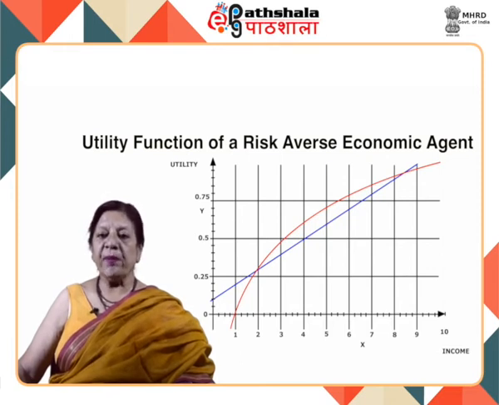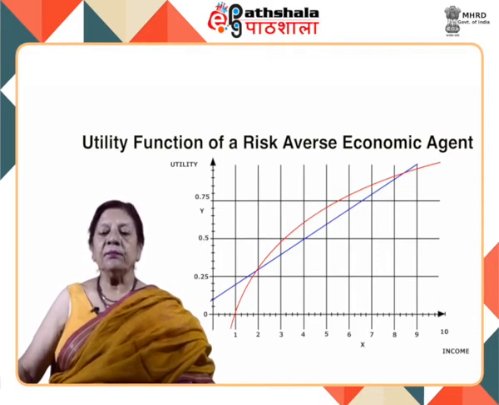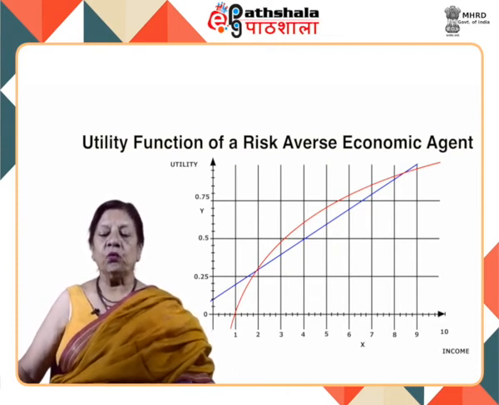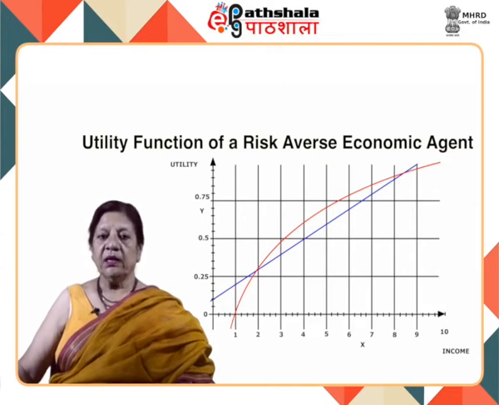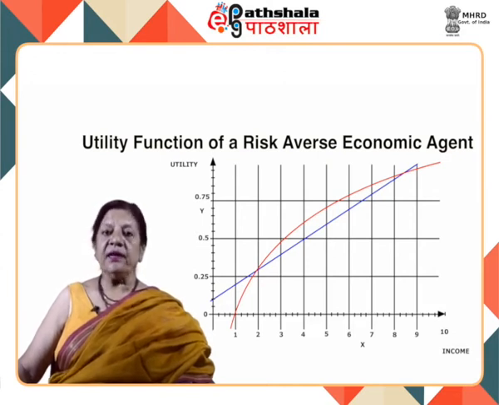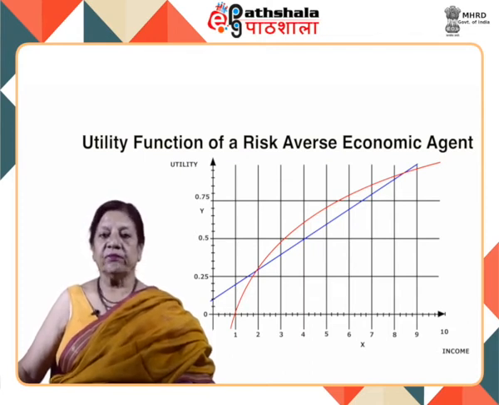His expected outcome, that is income, is 5 units. That is, E[y] = (0.5 × 2 + 0.5 × 8), which is equal to 5 units. However, he gets either an income of 2 units or an income of 8 units.